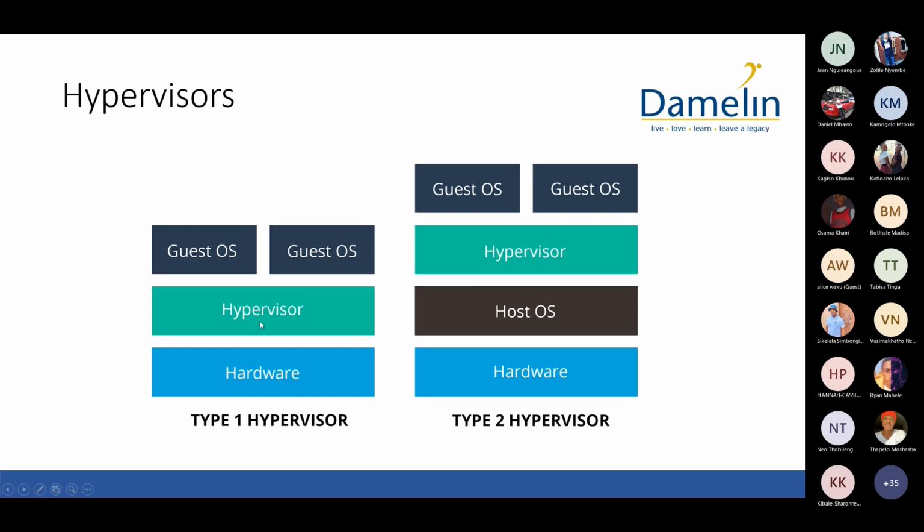Because the hypervisor itself is not sharing the hardware with anything. But if you look at type 2, the hypervisor is sharing with what? It is sharing the resources with its host OS. So basically, we have 4 gigabytes of RAM, which is shared by the host operating system, by the hypervisor itself, and then by the guest operating system. So you can see which one would definitely be better between the two.